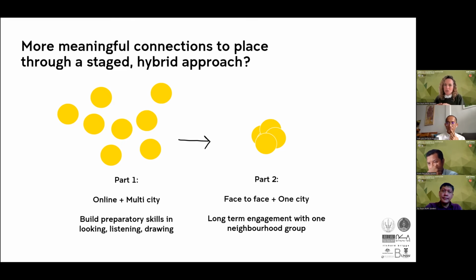Then part two would be trying to deepen these skills and the relationships by coming together in one city, say Phnom Penh as it was, and really building a longer term engagement with one neighbourhood group, which we're very lucky to have the opportunity to do through a collective research grant that we're now a part of.